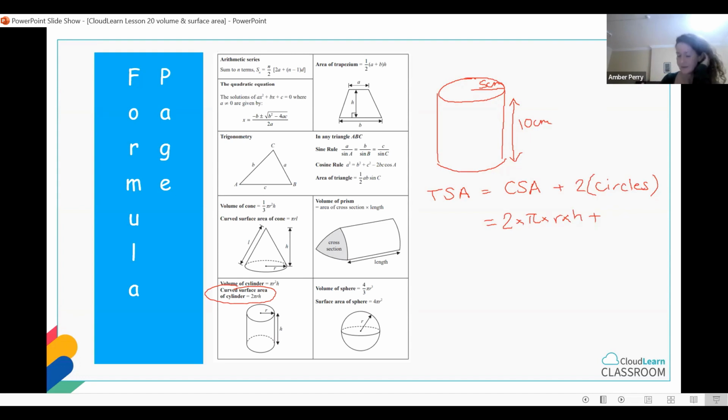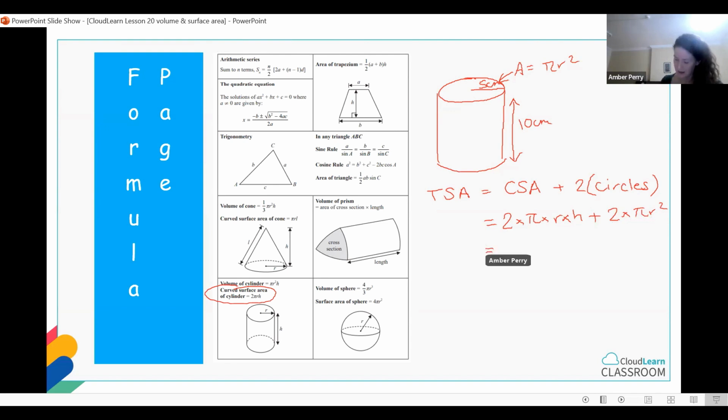And area of a circle is pi r squared. Lots to remember, I'm afraid. So 2 times pi r squared. So the total surface area of a cylinder, I always like to remember because it has a ring to it, is 2 pi r h plus 2 pi r squared.